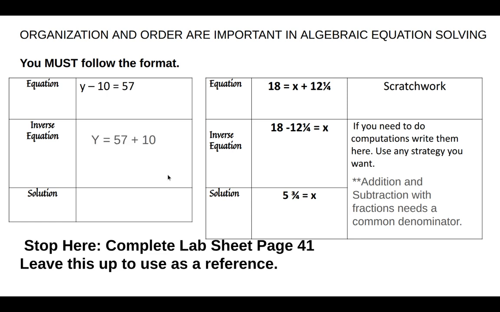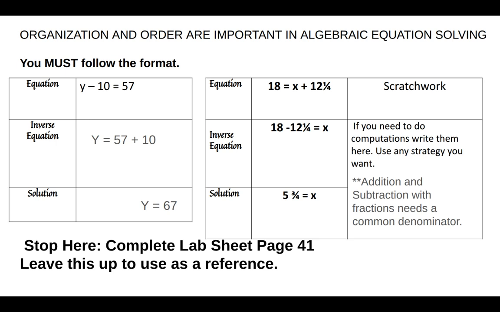Then we are going to show the inverse equation. y equals 57 plus 10. Could I write 57 plus 10 equals y? Yes. Then you're going to write your solution. Again, your concluding paragraph that y equals 67.